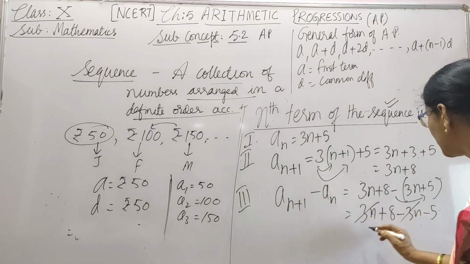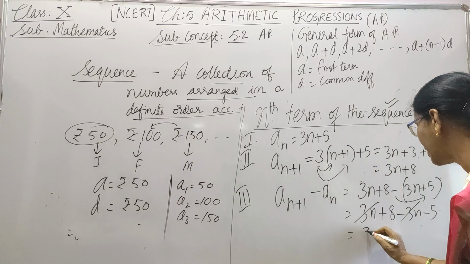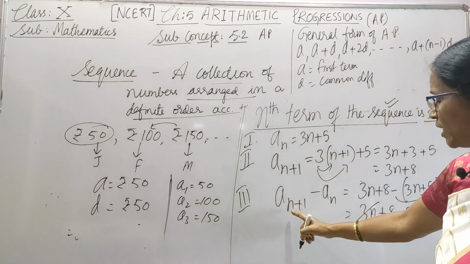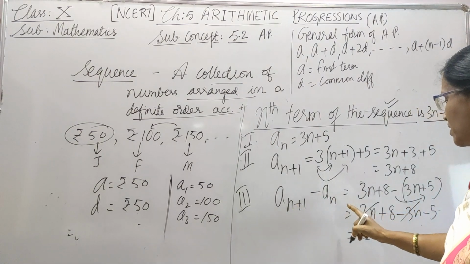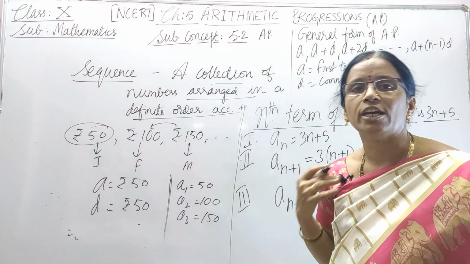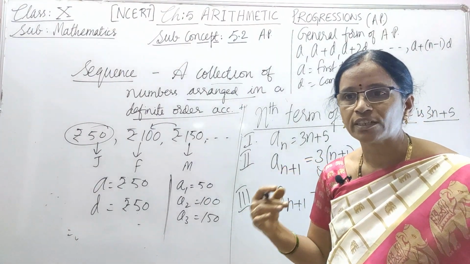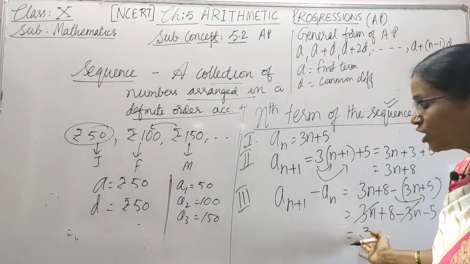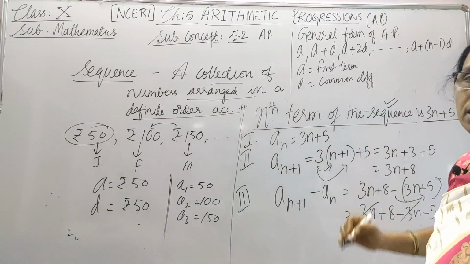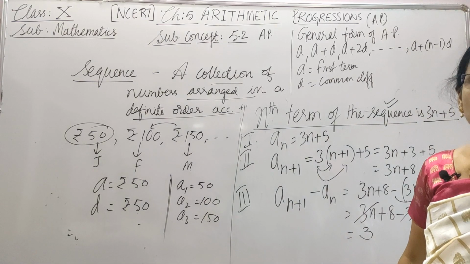Then 3n minus 3n will get cancelled. 8 minus 5 is 3. You see that an plus 1 minus an is independent of n. That means it is a constant. Therefore, the given sequence is an arithmetic progression.